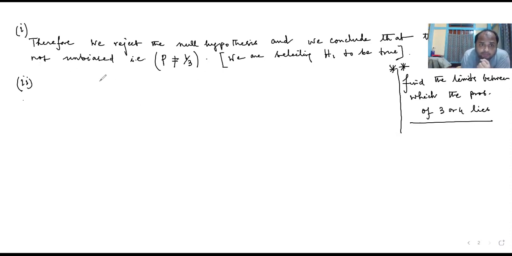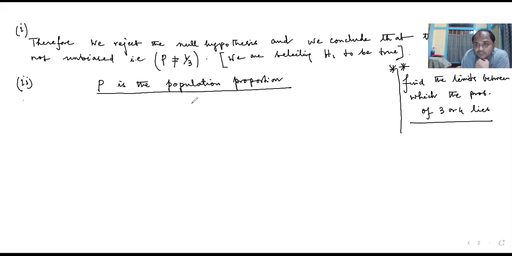Now we know that capital P is the population proportion, and we are going to find out a limit within which this capital P will lie. Why? Because capital P has come out to be not equal to 1/3.